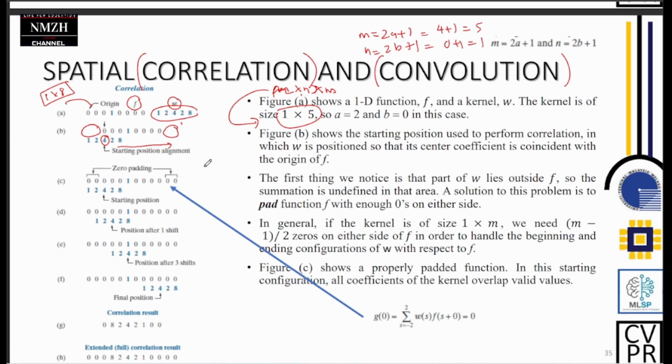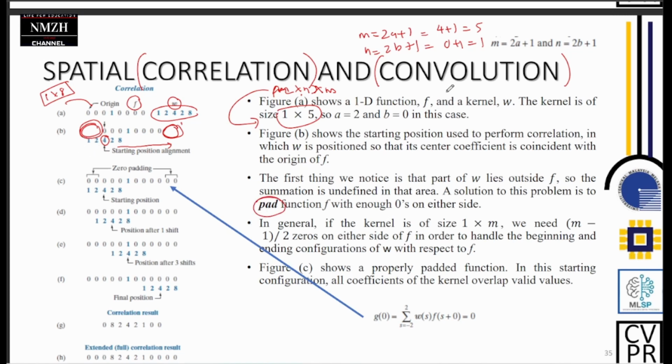So what we do is add pixels at the front and at the back, to fit the kernel. This is what we call padding.